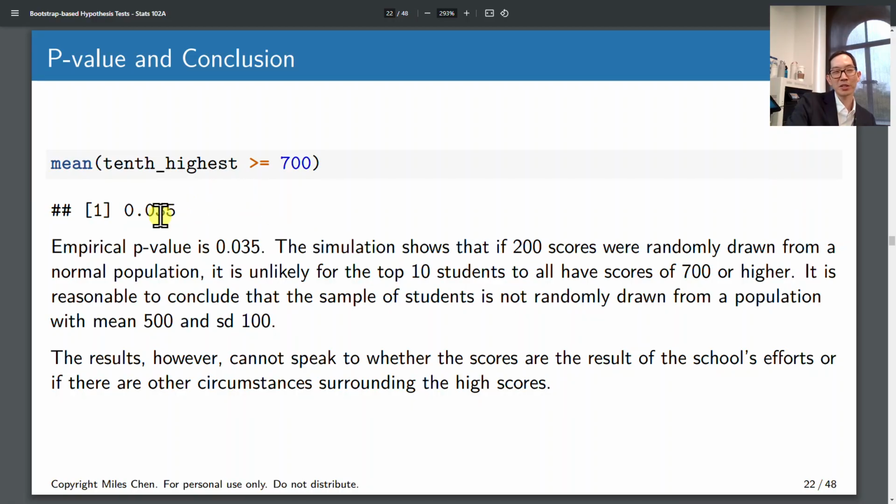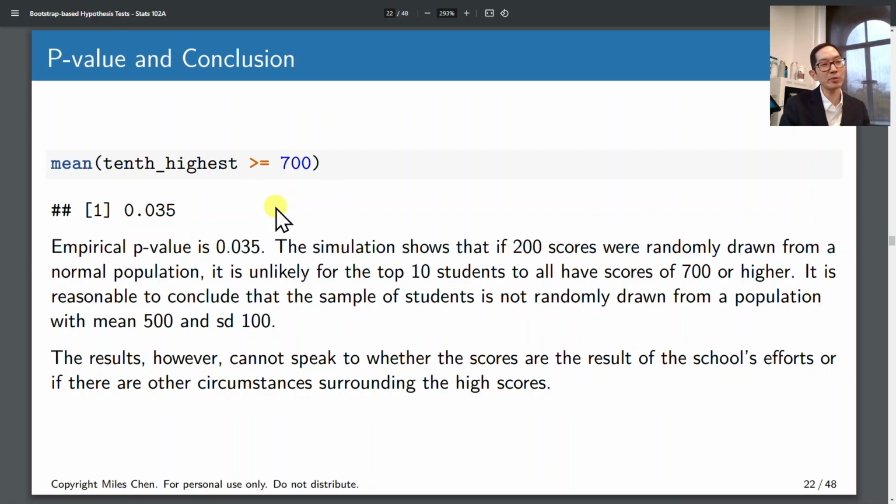So I do this 10,000 times, and out of 10,000 simulated graduating classes of 200 students, 3.5% of them had their 10th highest score being 700 or higher. So my empirical p-value is 3.5%. What that says is that if 200 scores were randomly drawn from the normal population, then it's pretty unlikely for your top 10 students to all have scores of 700 or higher. It could happen by random chance, but it only happens around 3.5% of the time.